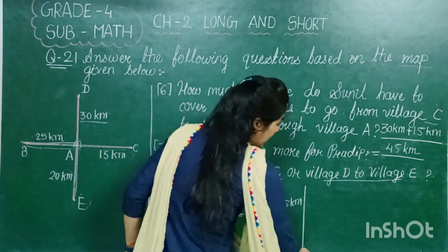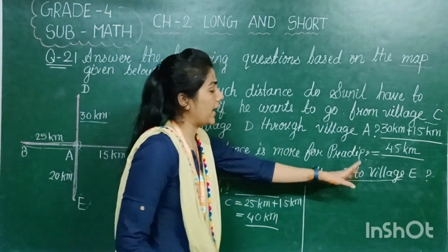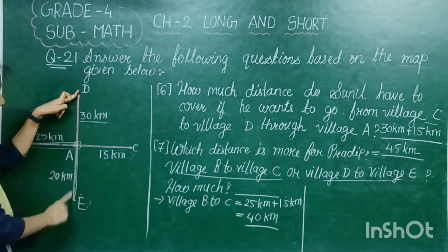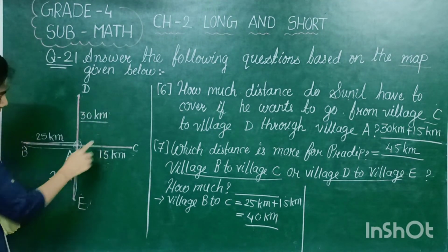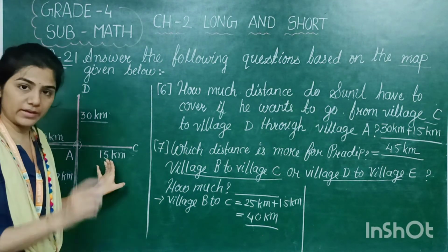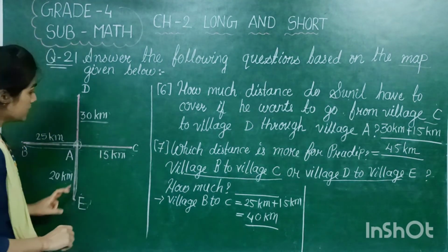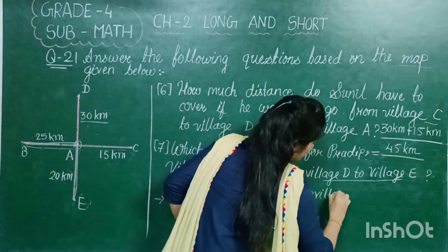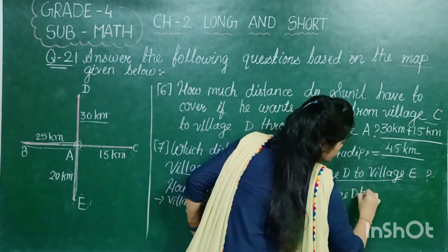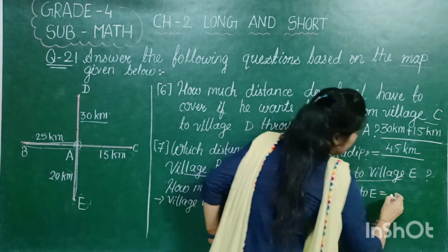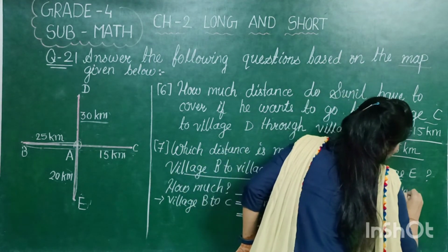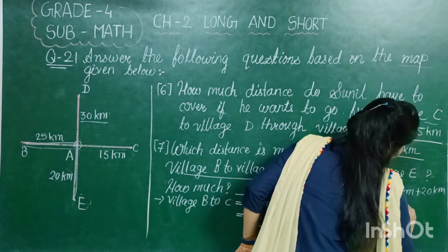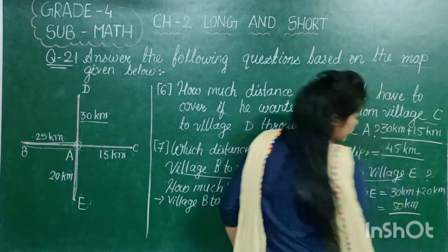Now we have to find the distance between D and E. D and E means this. This also we have already found: 30 plus 20, so 50, in the previous question. So village D to E, we can write 30 kilometers plus 20 kilometers is equal to 50 kilometers.